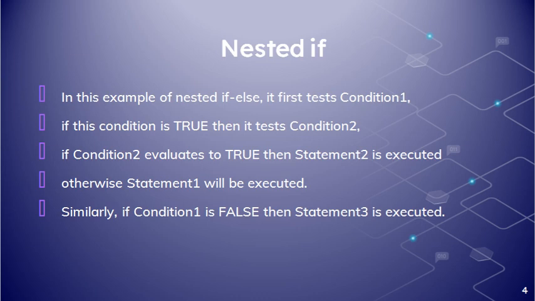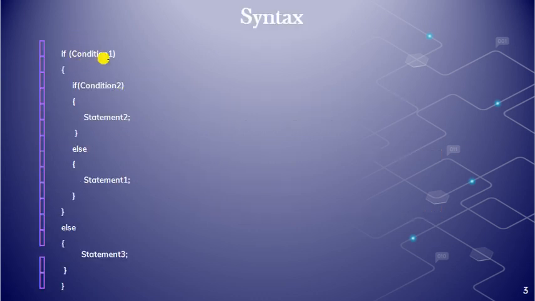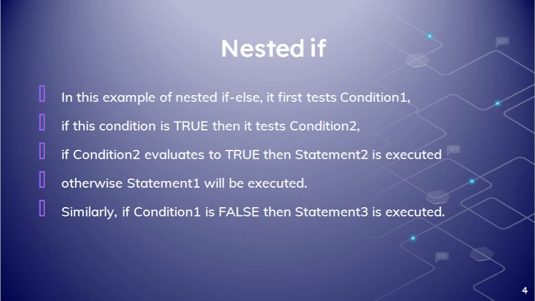Similarly, if condition 1 is false, then statement 3 is executed. As explained in the syntax, if condition 1 is true, it goes to the if statement inside, checks condition 2, and executes statement 2 or statement 1. If condition 1 is false, it goes to the else case and statement 3 will be executed. So that is nested if.